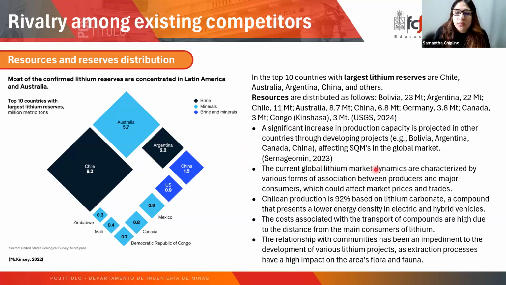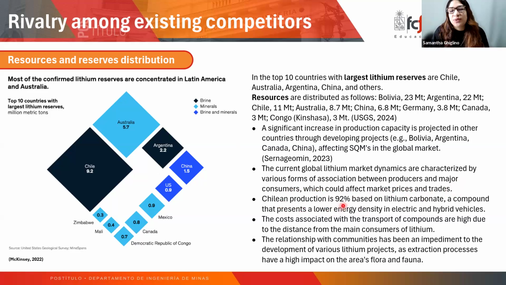The current global lithium market dynamics are characterized by various forms of association between producers and major consumers, which could affect market prices and trades. This is almost more significant in the Bolivian case, because they have a lot of alliances with the Chinese government, which we know is the number one customer. So those alliances could greatly benefit the Bolivian industry and put at risk other industries in the region.